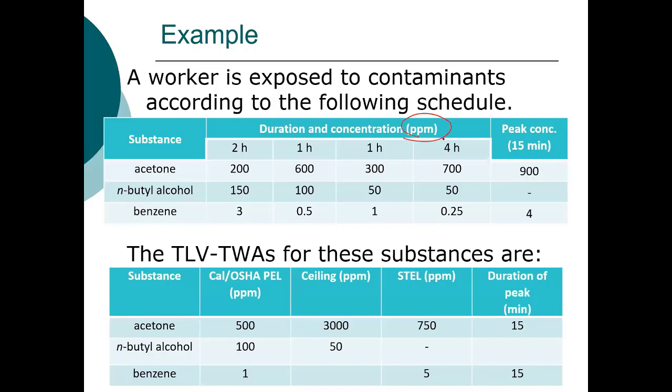We also have peak concentrations, and we have the TLV time-weighted averages for these substances. So we're going to use the California OSHA PELs. For acetone, it is 500 parts per million, and butyl alcohol 10, and 1 for benzene.